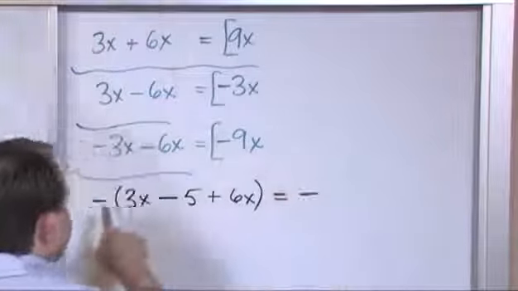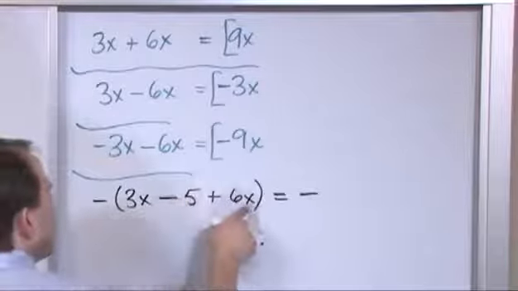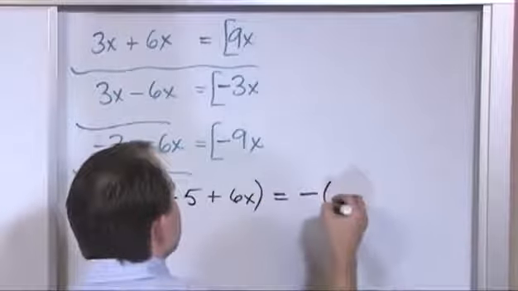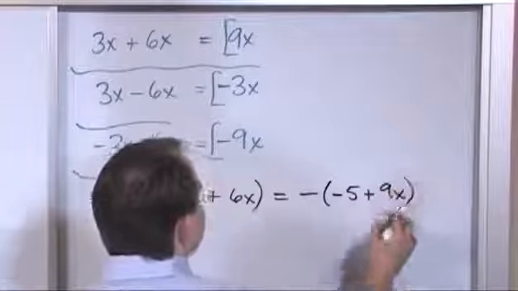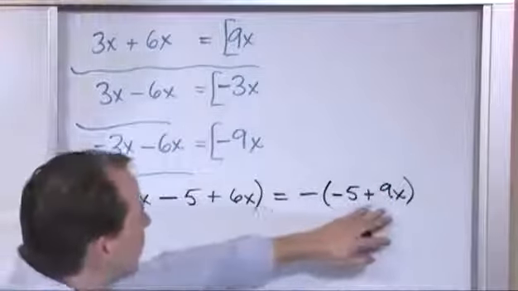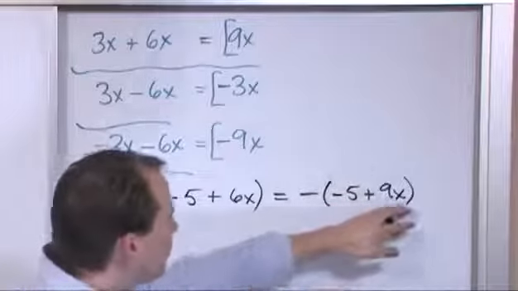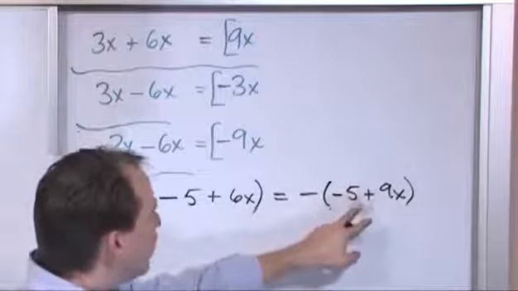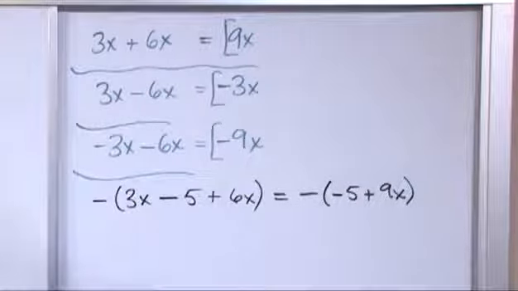So you have 3x plus the 6x, you can add these together because you have an x, and they exactly match. 3 plus 6 is 9, so what you're going to have is negative 5 plus 9x. You cannot do anything else with this. You cannot add 9 plus 5. A lot of students try to continue doing this addition here, but you can't because there's no x here. So this has no business being added to anything else. You can only add things together when they have the same variable out there.